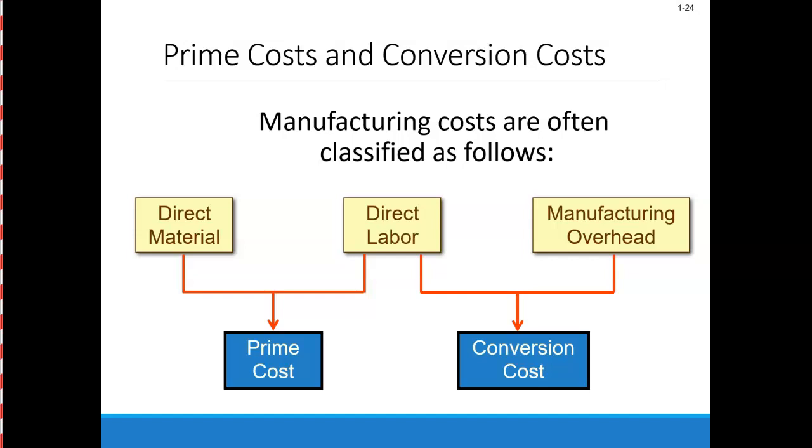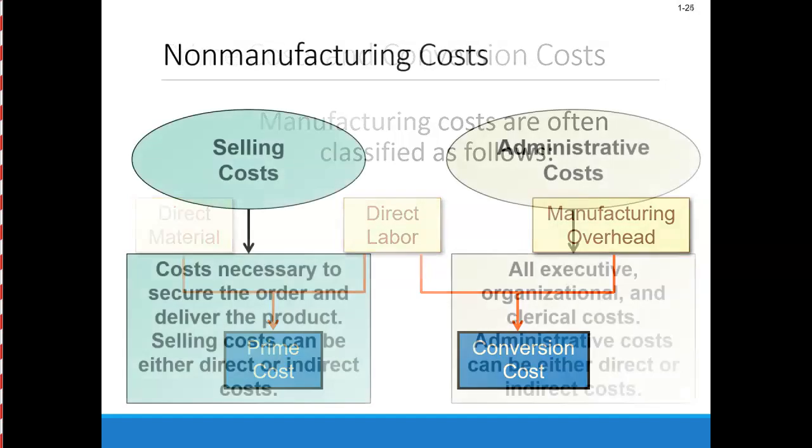Know this: prime costs just include direct material and direct labor. Conversion costs are direct labor and manufacturing overhead. You're going to get questions about this on the quiz because I was working on them and I saw them everywhere. Prime costs include what? Direct material, direct labor. Conversion costs, direct labor, and manufacturing overhead.